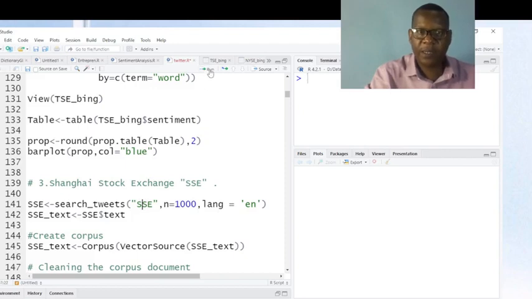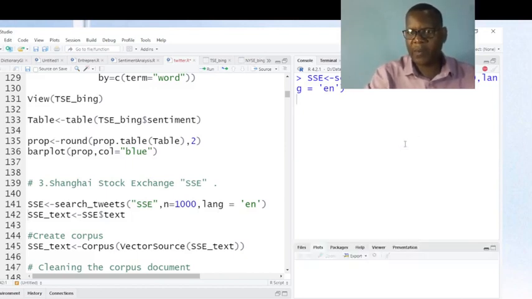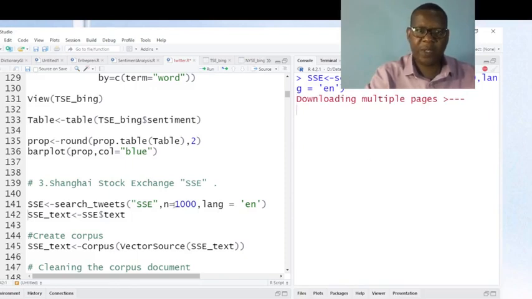Now, let's work on the Shanghai Stock Exchange to analyze what is being said in the tweets. Let's collect Shanghai tweets. Remember, I'm performing sentiment analysis to see what people are talking about regarding these stock exchanges.